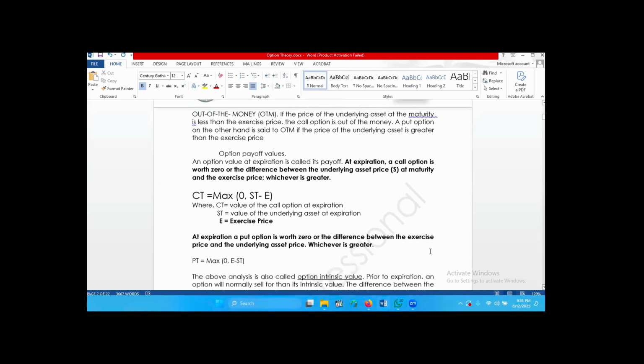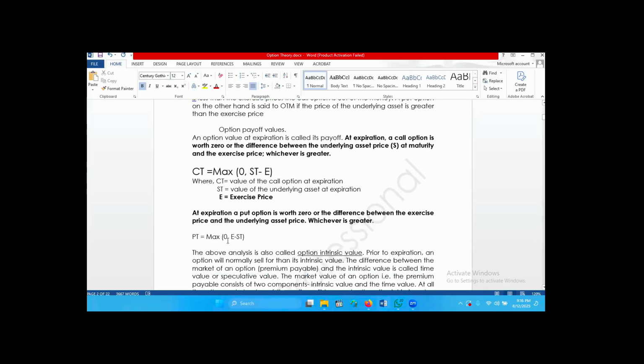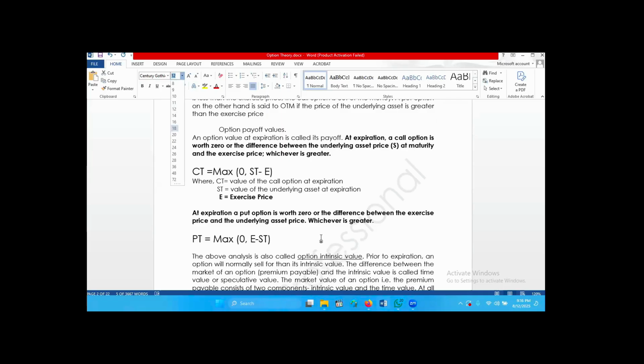Look at your screen, please. At maturity, a put option is worth 0, or the difference between the exercise price and the underlying asset price, whichever is greater.